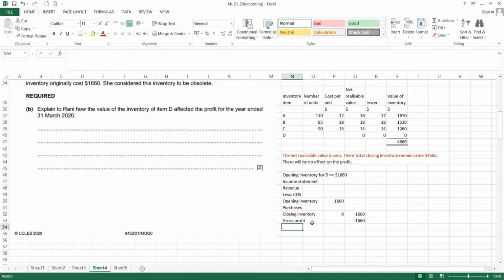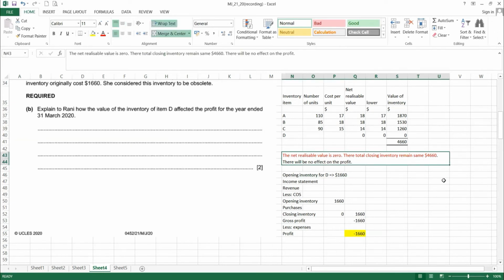So let's assume this one, less expenses, and then profit. If we see the equation here, by right, this amount caused a decrease on the profit. So the last sentence, where they say there will be no effect on the profit, I don't really agree with.